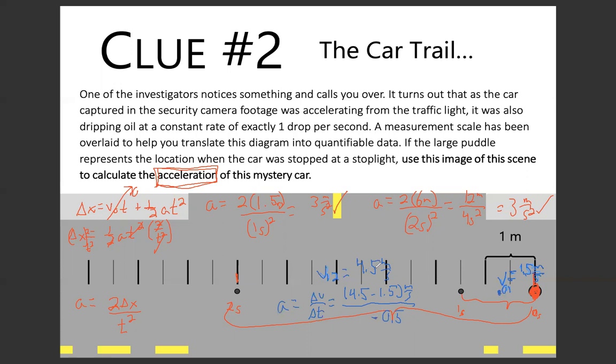And when does it have this 4.5 meters per second? Halfway between 1 second and 2 seconds, which would be 1.5 seconds. So that turns out to be 4.5 minus 1.5, which is 3 meters per second, over 1.5 minus 0.5.